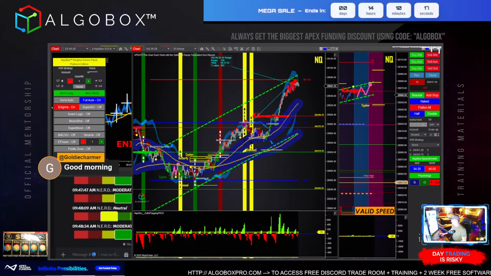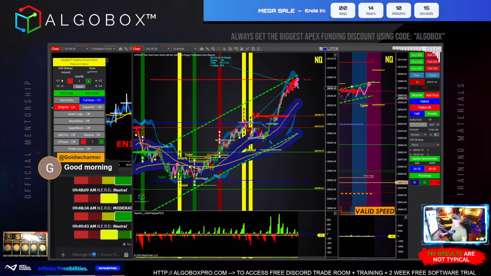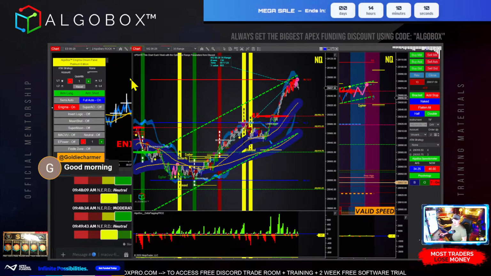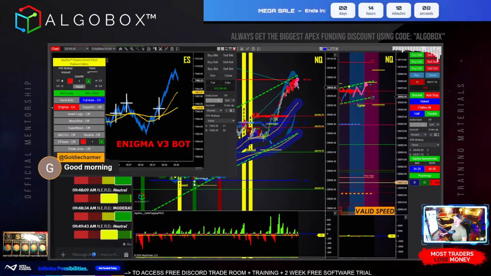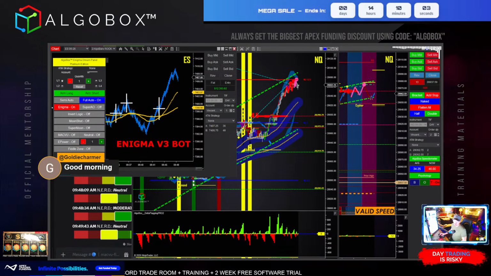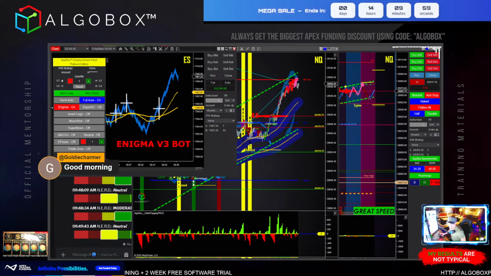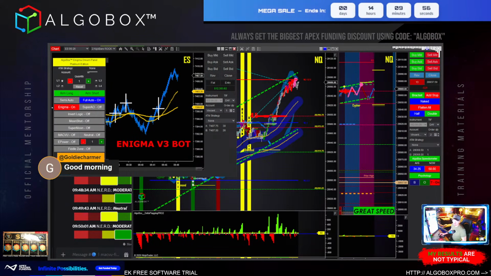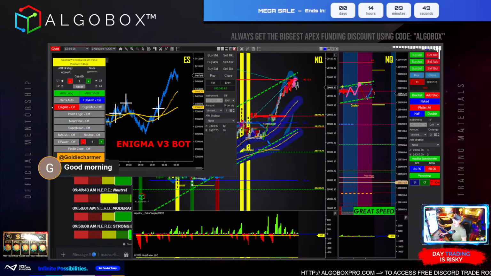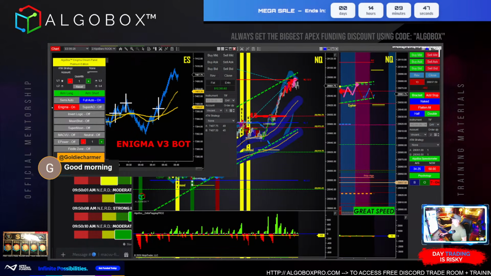Absolute insanity. NQ on the 35. 20 away from a margin call.